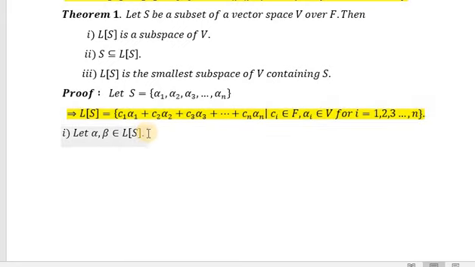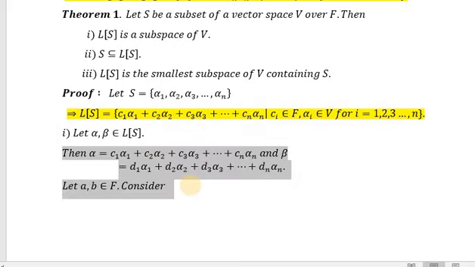And let us consider alpha and beta to be two elements of the linear span. Then alpha can be written as C1 alpha 1 plus C2 alpha 2 plus C3 alpha 3 plus and so on, Cn alpha n, and beta is equal to D1 alpha 1 plus D2 alpha 2 plus D3 alpha 3, and so on, Dn alpha n. Let us consider a, b belongs to F.